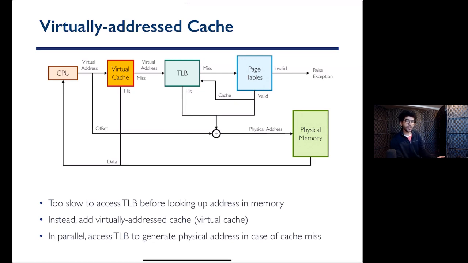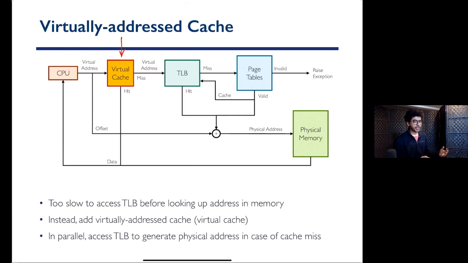Now, one thing that we can do is to have a cache that we're going to call a virtually addressed cache. And in this cache, we're going to use the virtual address to tag our data, instead of using the physical address.